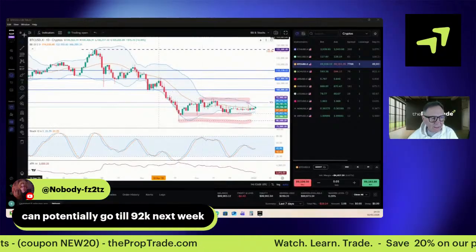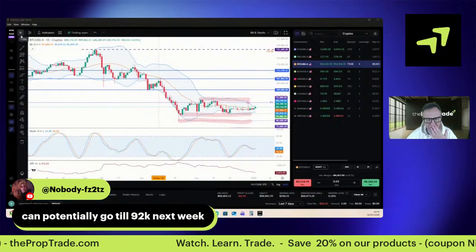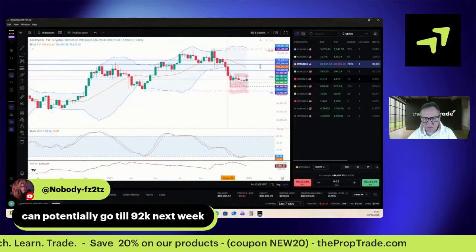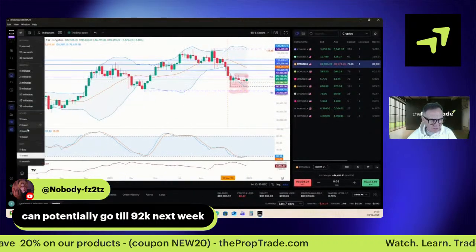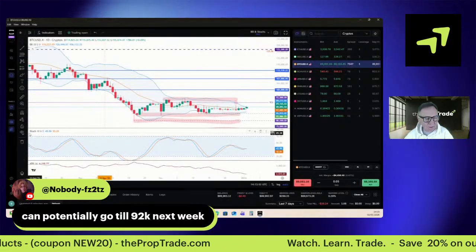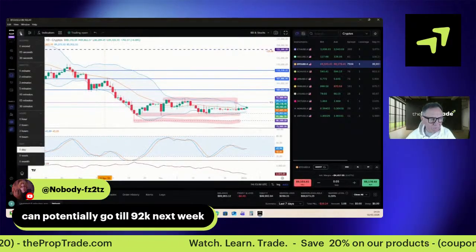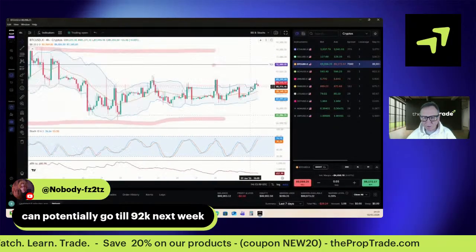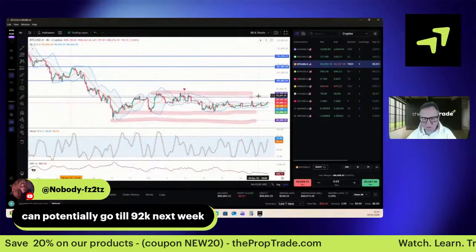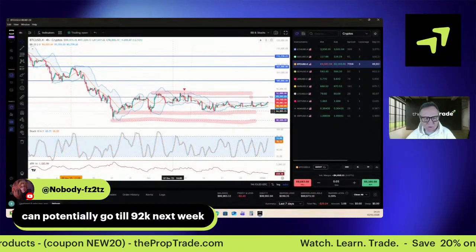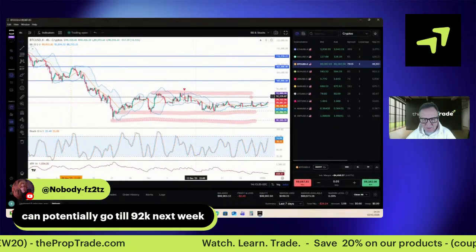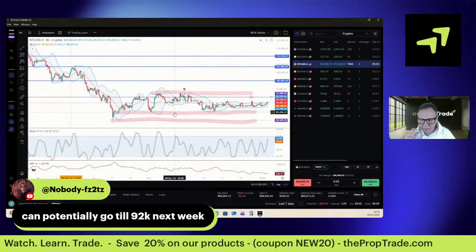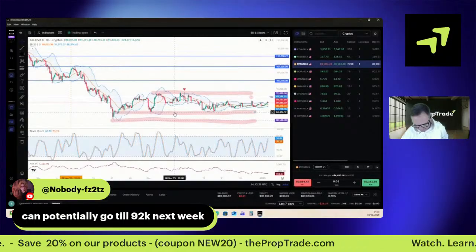As we saw on the weekly candles, we should go back to the weekly chart. Lots of sideways action there, and the daily is just an extension of that. If we come down the time frames, the 4-hour time frame has more volatility in it, but the same zones are still in play: the daily resistances up here at 92,000 and 95,000, and support through 85,000 for old Billy Bitcoin.